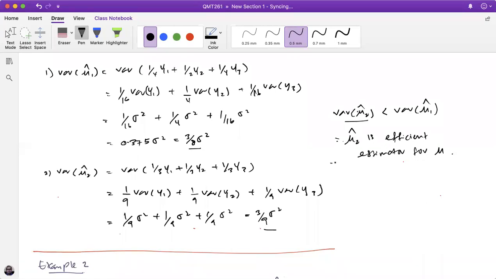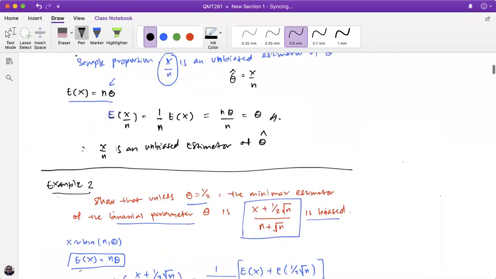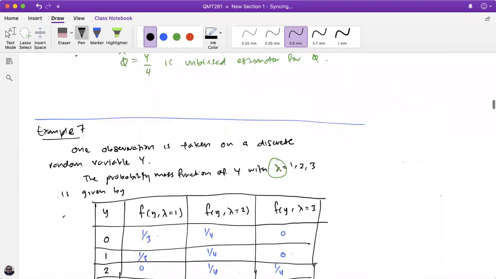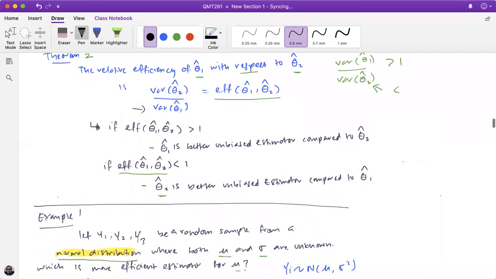Benar tu. So another way to show the efficiency is by using relative efficiency in theorem number 2, right? In theorem number 2, we measure relative efficiency by taking the proportion of the variance of estimator number 2 divided by the variance of estimator number 1.